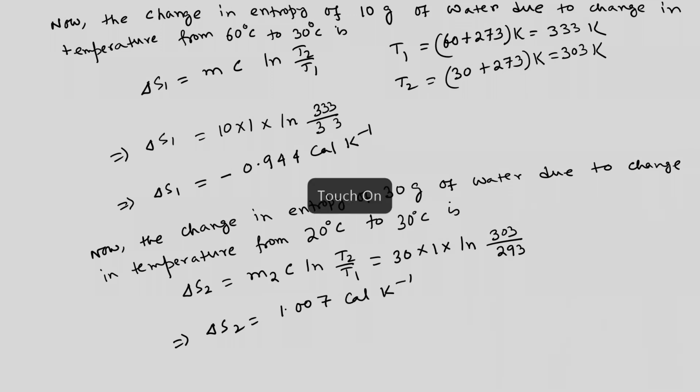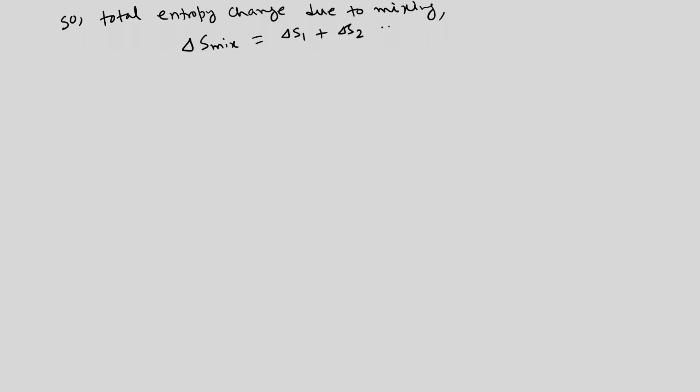So the total entropy change due to mixing, delta S mix, is delta S1 plus delta S2, and we get 0.063 calorie per Kelvin.